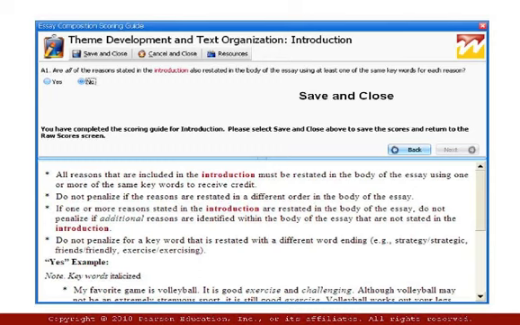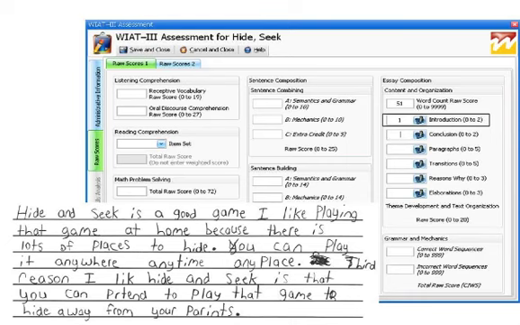The answer to this question is no. So I'm going to say no in this case. The writer did not state the reasons and restate them. And once I say no, the program itself will actually assign a score. So you're going to hit now Save and Close. You click on Save and Close up here, and then it'll go back to the beginning screen, and you'll see the score of 1 will appear right here for introduction.